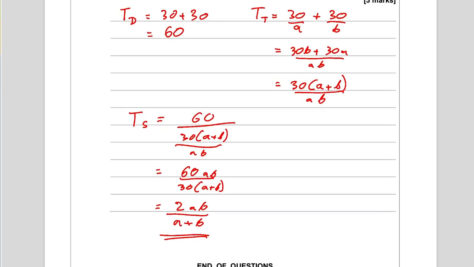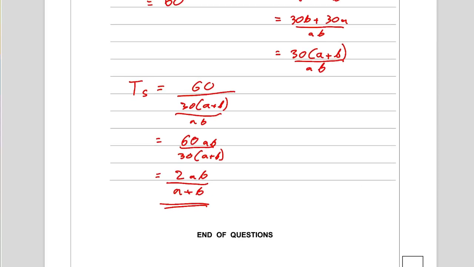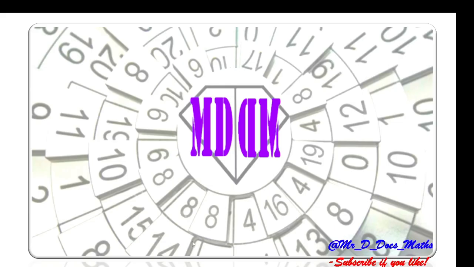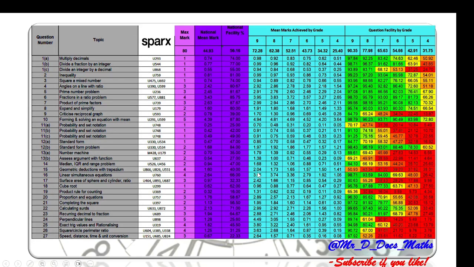And there we go. So that's the end of the paper. Right, so before I sign off, I'll bring up the question level analysis again. I brought this up at the start of the paper. This is the question level analysis from AQA from when the paper was sat. That gives you rough grade boundaries for the paper.